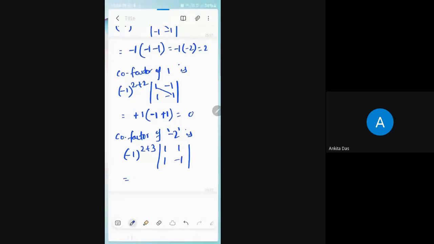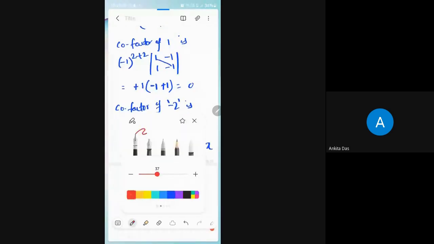This implies minus 1 to the power of 5 means minus 1 into 1 minus 1 into 1, that means minus 1 into minus 1, you will get minus 2. Minus 2, sorry, minus 1 into minus 2 is plus 2, since minus into minus is plus. So now 6 elements are over.